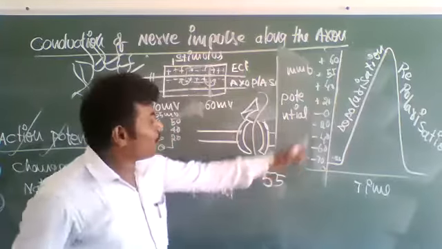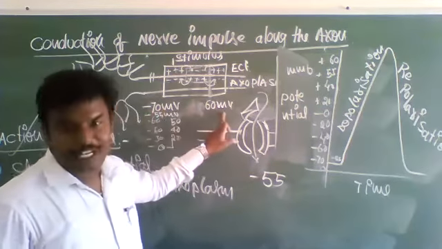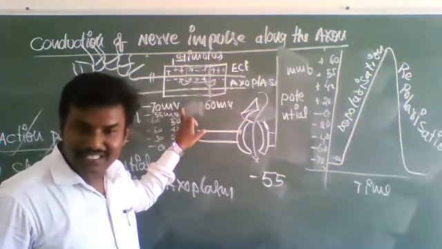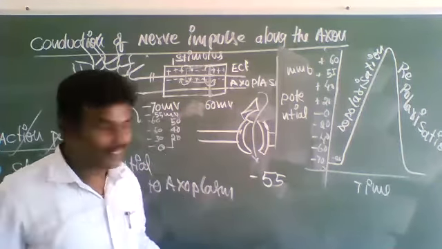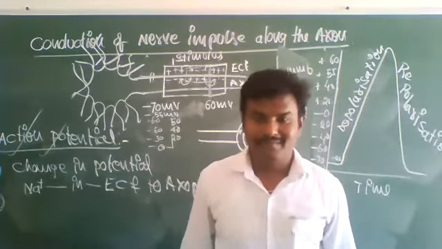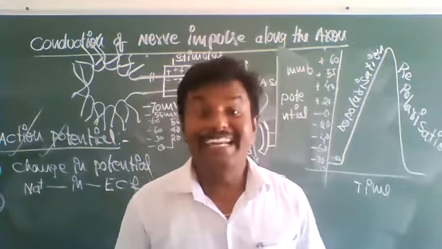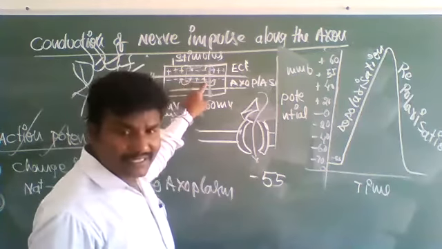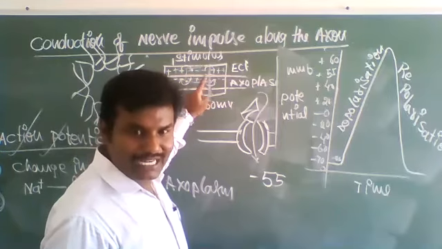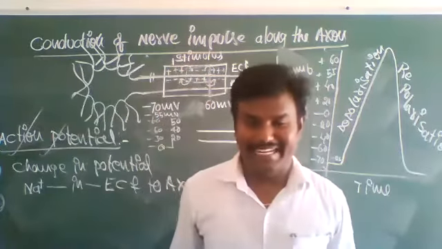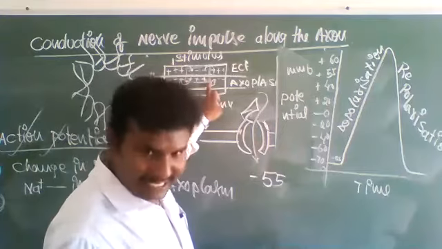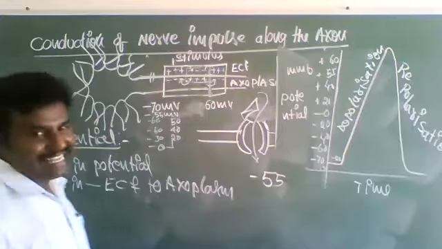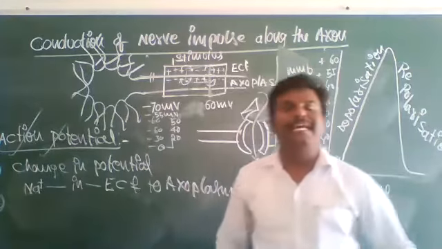The membrane potential goes from minus 70 to plus 60. This potential change is called action potential, and this membrane is called depolarized. During depolarization, the inside is electropositive and the outside is electronegative. This is called depolarization.